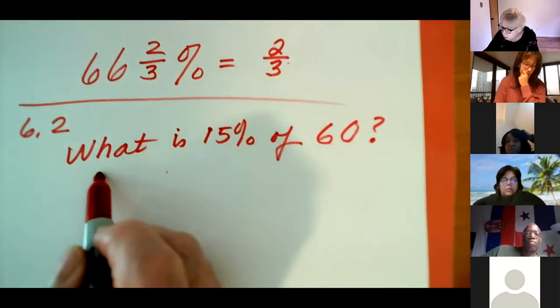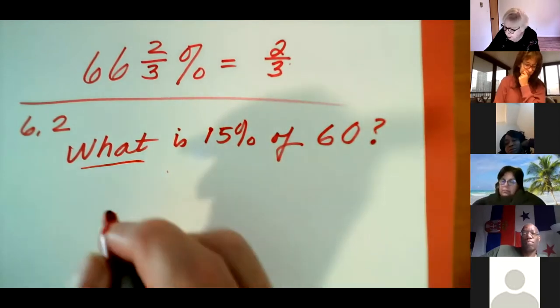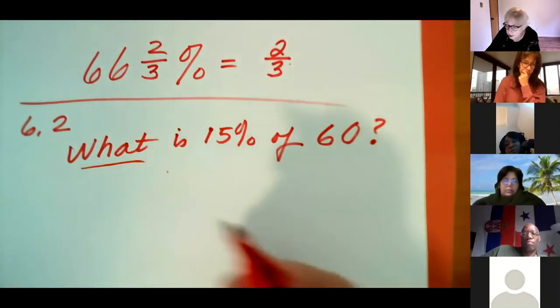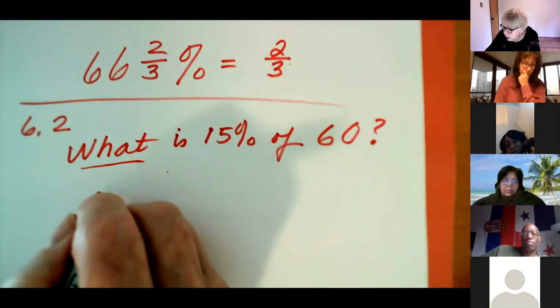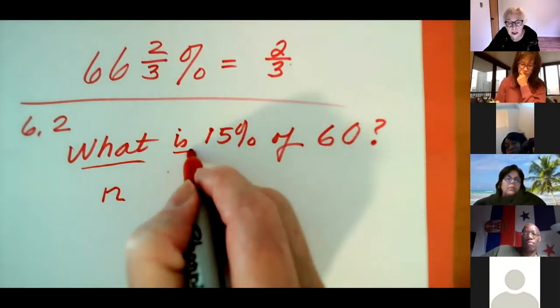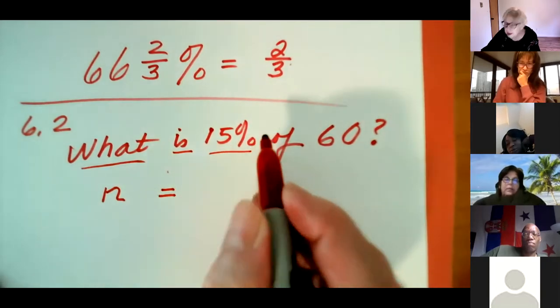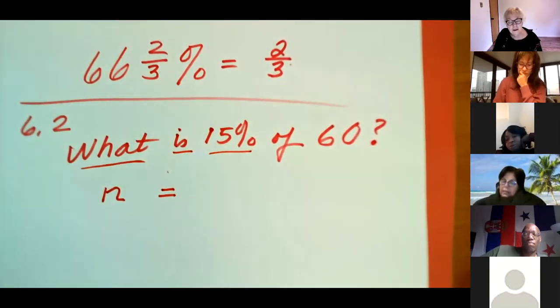And so the word what is the part we don't know. And so the book uses N, you could use X, I don't care what letter you use. The word is equals. 15% has to be converted to either a fraction or a decimal.